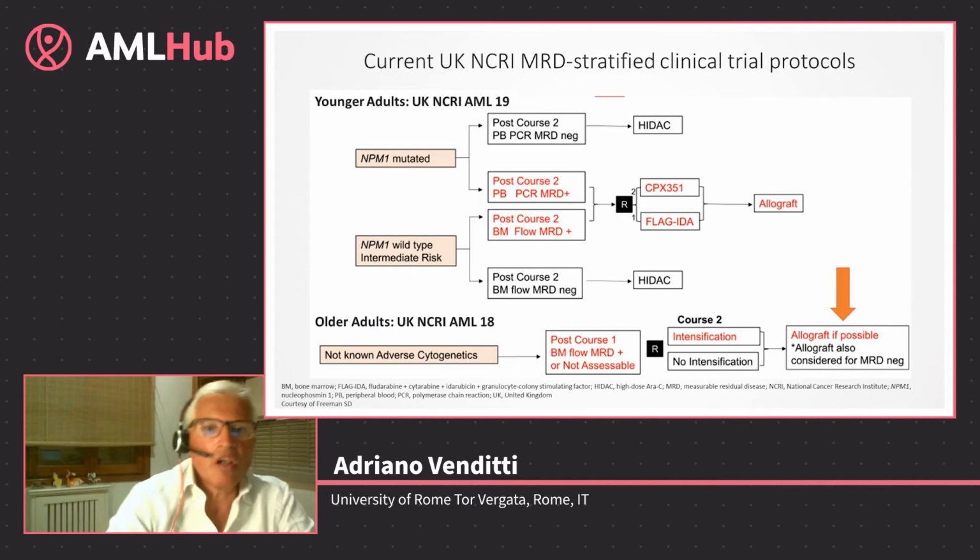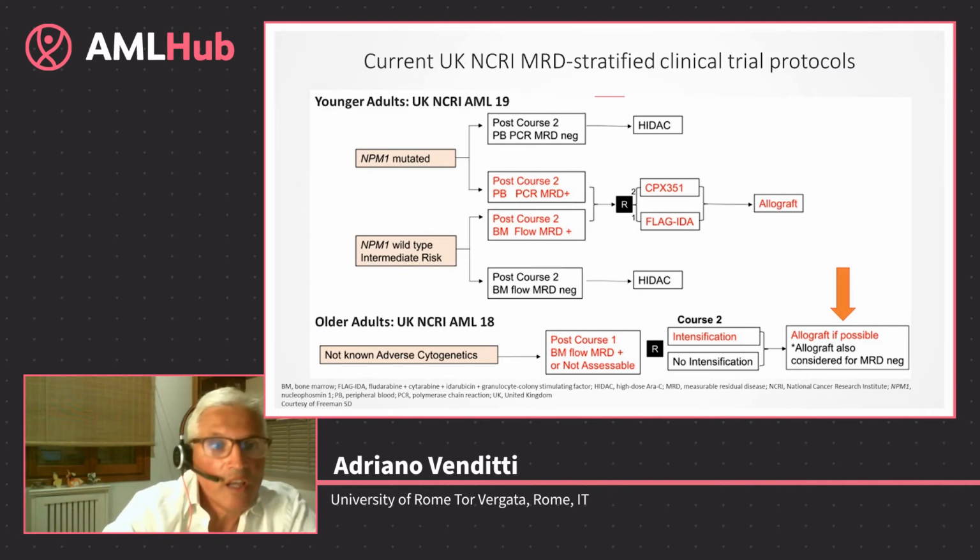Based on this, several groups activated MRD-driven or MRD-stratified clinical trials, and I'll show you some examples of these ongoing prospective trials. This is the UK NCRI AML19 trial, and you can appreciate that for both NPM1 mutated and unmutated leukemia, there is, in the red text, a dedicated intensified program for MRD positive patients.